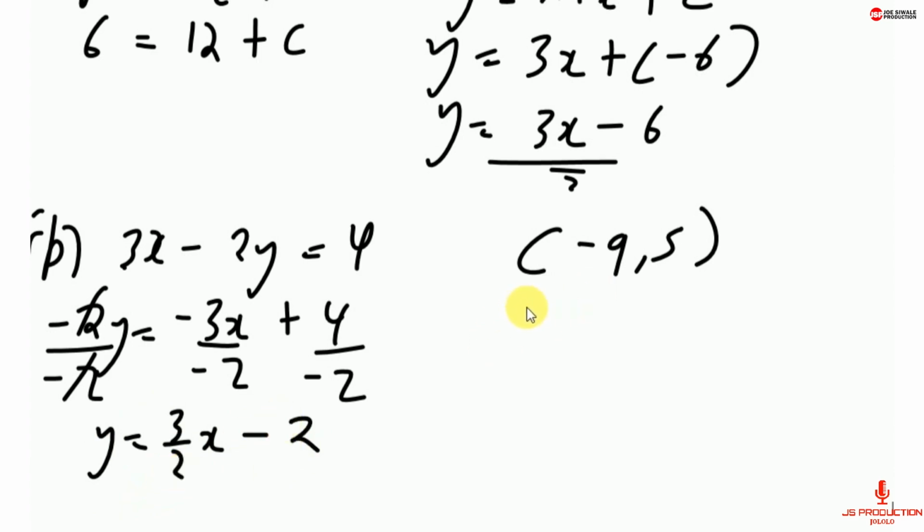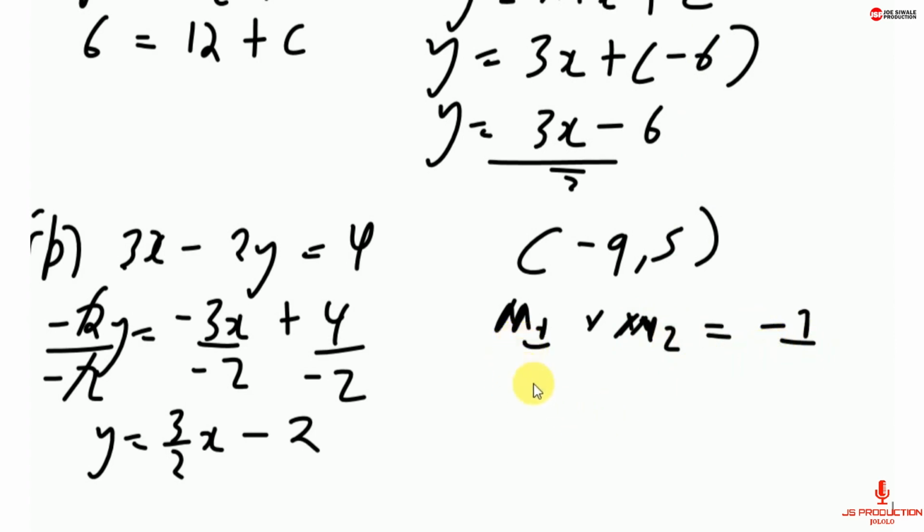So you know that our gradient there is 3 divided by 2. And to find the gradient of the line that is passing through negative 9, 5, we know that these two lines are perpendicular to each other. That means that m1 multiplied by m2 is going to be equal to negative 1.